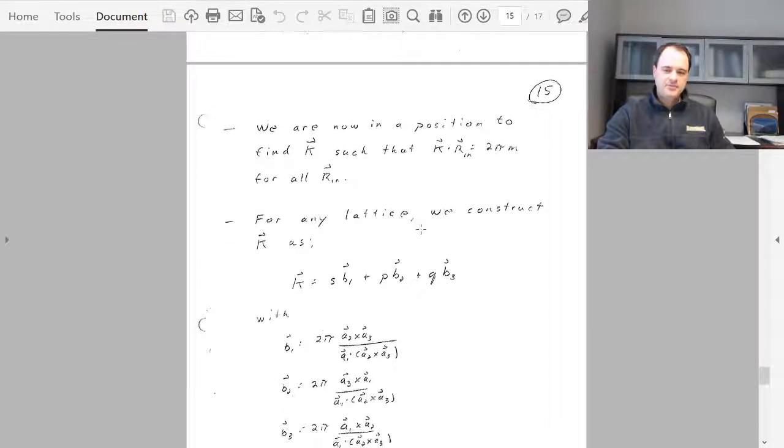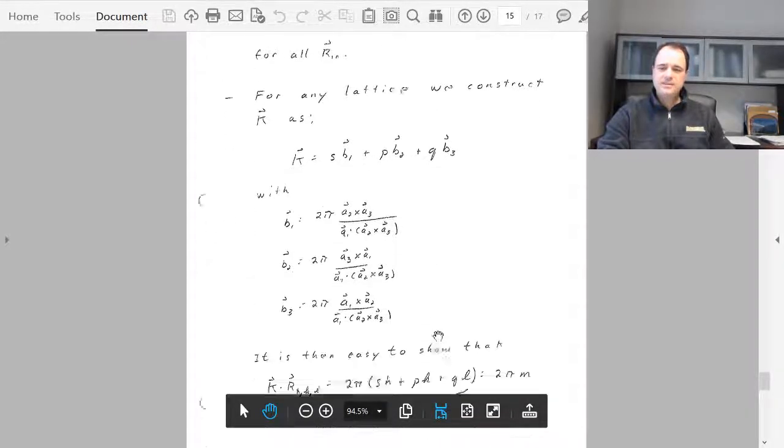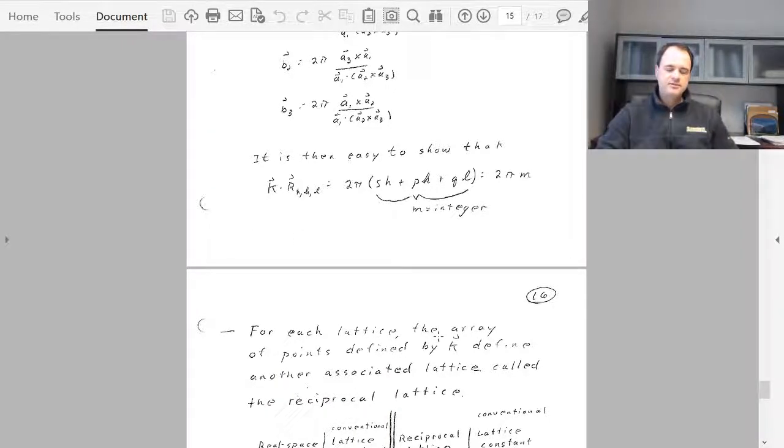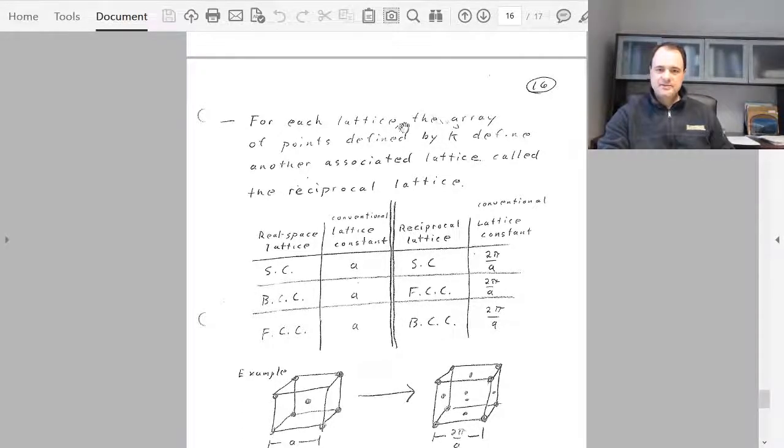And so now we figured out that K has to be of this form with the B1, B2, B3 given by these three equations, and S, P, and Q being integers. Then we get the magical constructive interference condition satisfied. That's what we see. For each lattice, the array of points defined by K define another associated lattice.